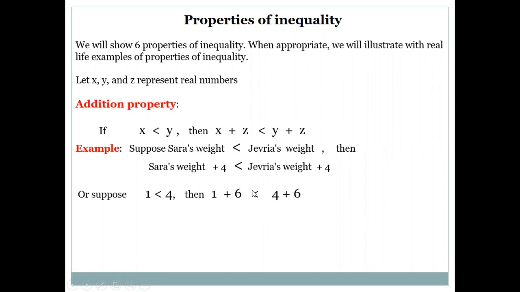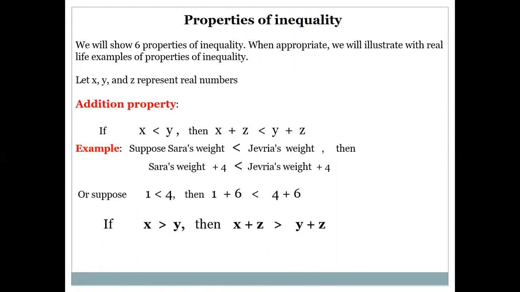We add the number 6 on both sides, so 1 plus 6 is 7 and 4 plus 6 is 10. 7 is less than 10. So if we add a number on both sides, we find the inequality sign remains the same.